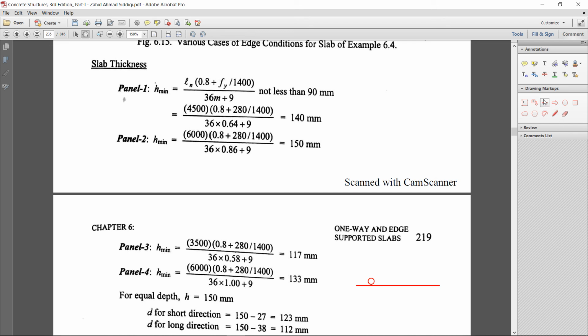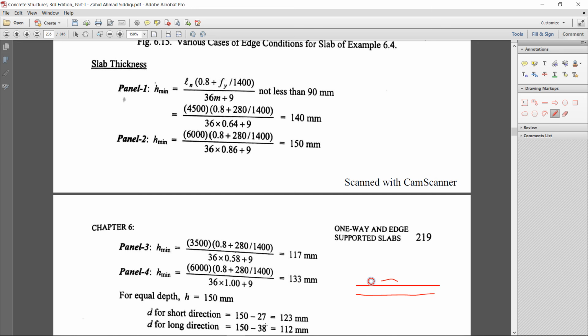To get the value from the center of the distribution bar, the long direction bar, to the slab bottom, 20 millimeter is the clear cover, then 13 millimeter for the main bar diameter, and half of the 10 millimeter bar, that is 5 millimeter.